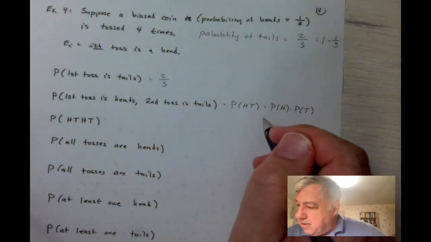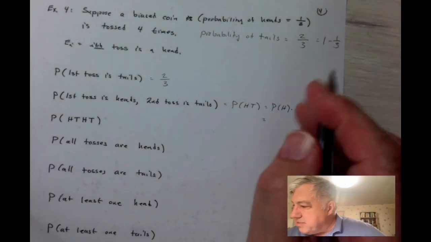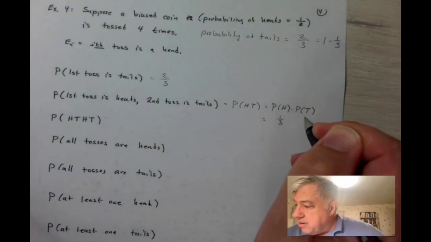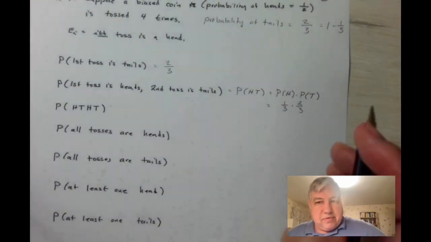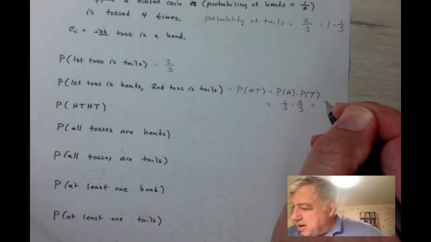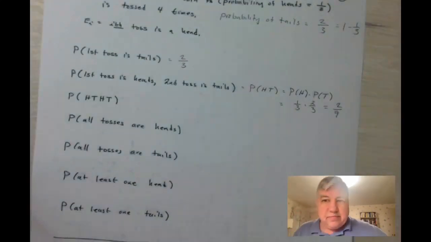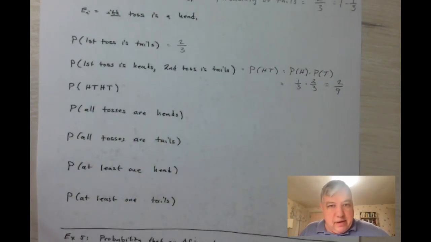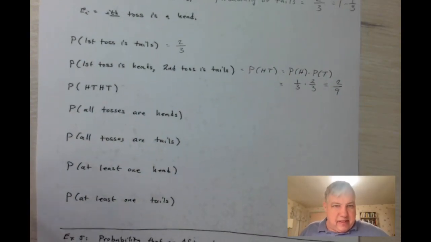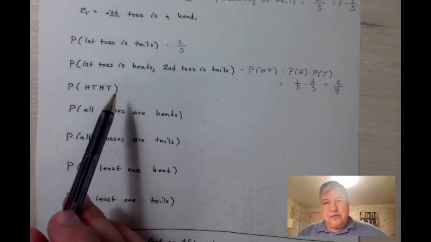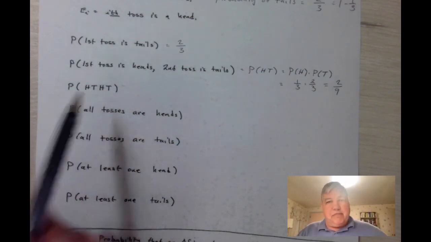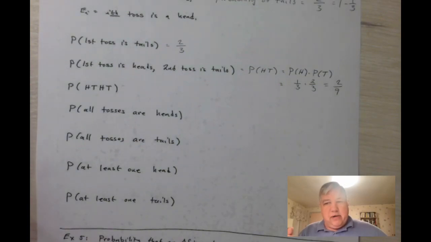The probability of heads is 1/3, the probability of tails is 2/3, so this probability would be 2/9.